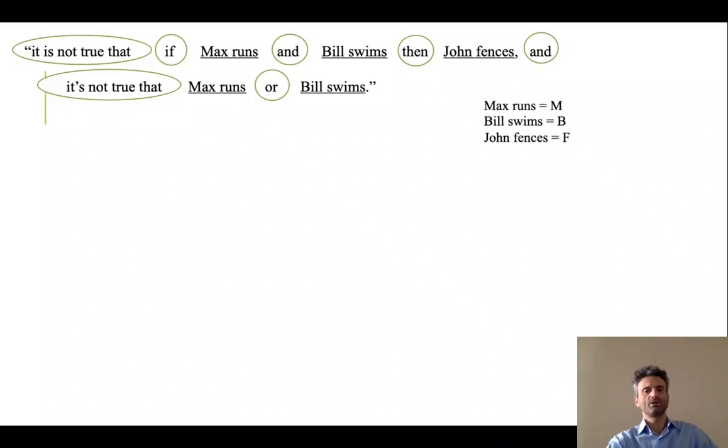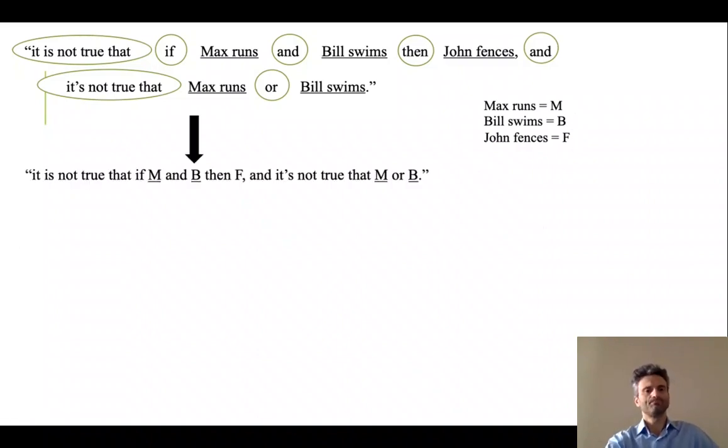Then we decide a letter for each statement. Max runs as M, Bill swims, same as before, M, B, and F. The next step, we do a step by step. We just substitute the statements and we translate it into letters. Another step, we translate everything.